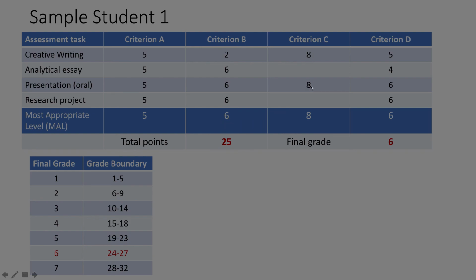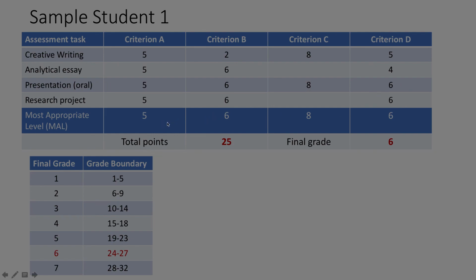Same thing with criterion C, not assessed here and here, but with 2 8s the student gets an 8. For this criterion D, the last 2 summatives were a 6, so I think to be fair, teachers should award a 6. Again, if somebody gave a 5, maybe that's okay, but I would say generally a 6 would be the more correct level here.